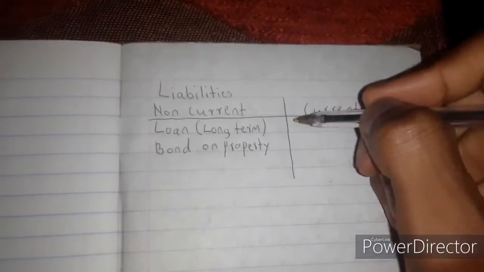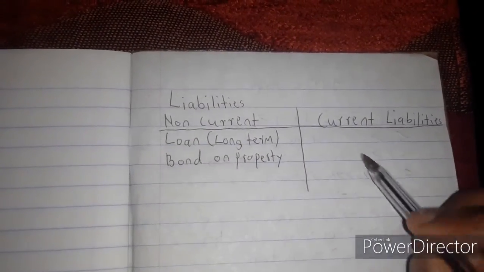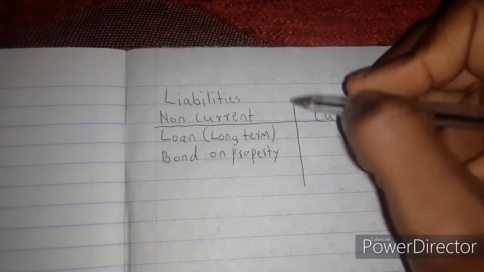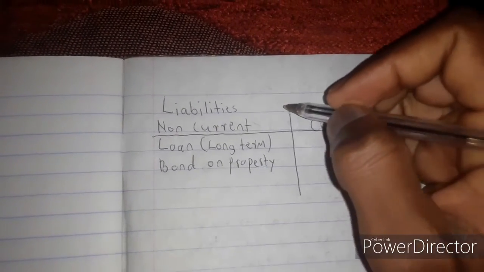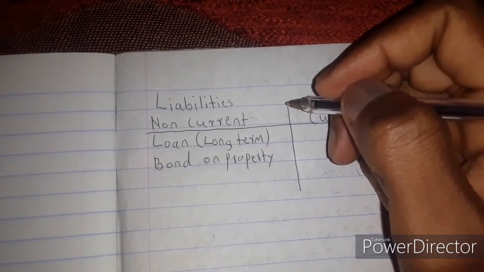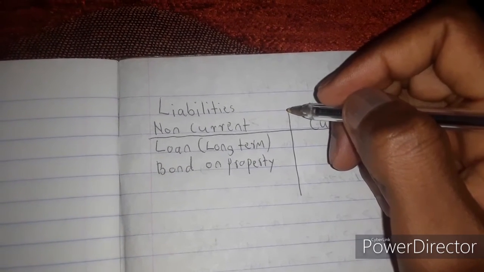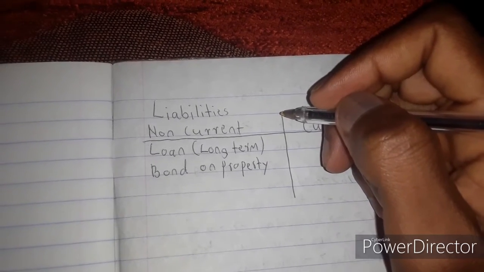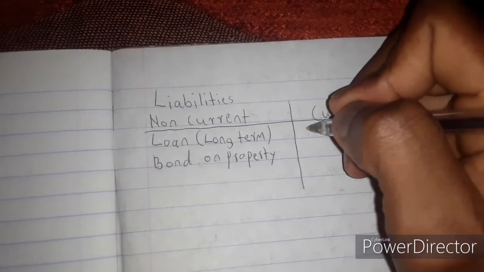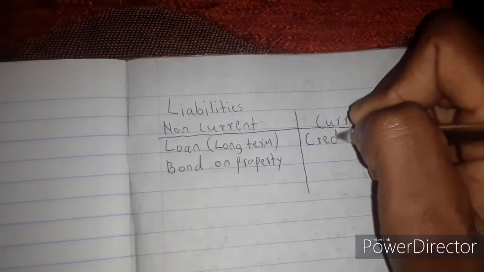Now, let's go to current liabilities. Current liabilities are those amounts that the business owes and are repayable within a year. So these are creditors.